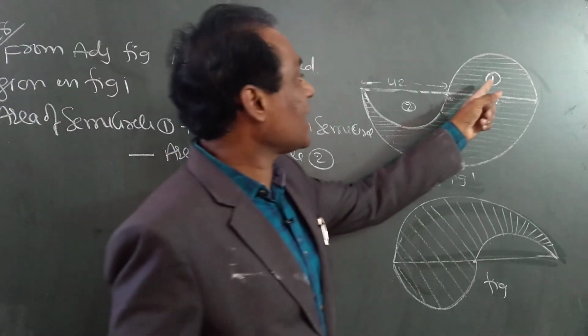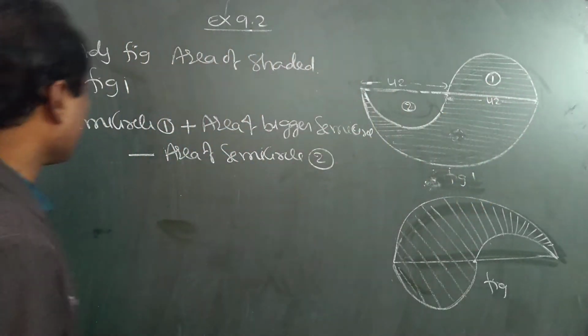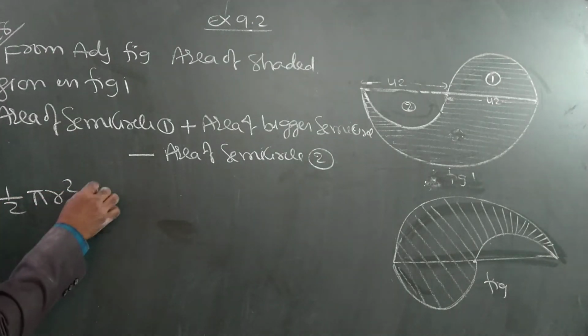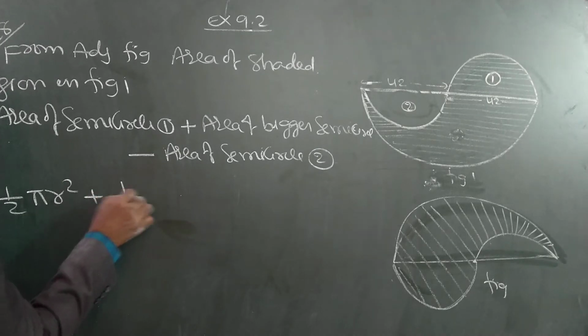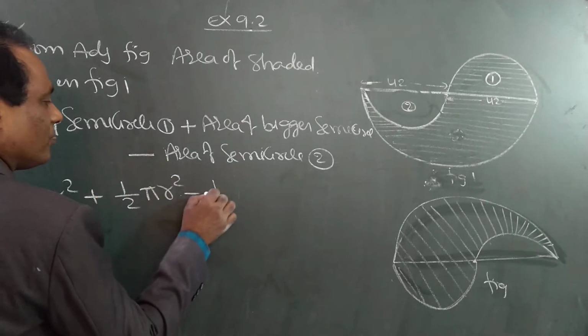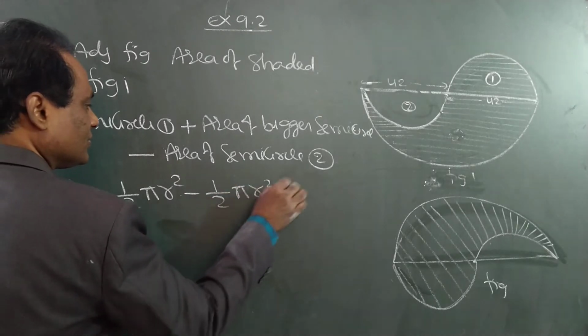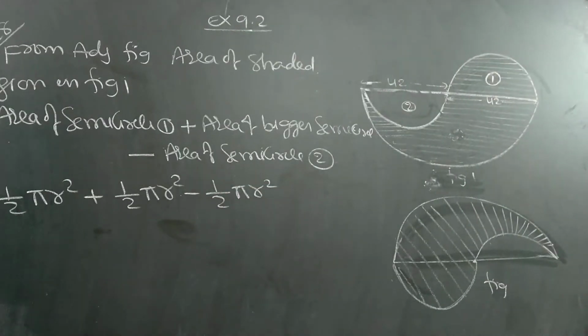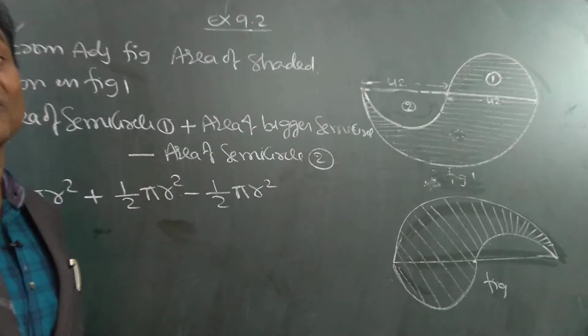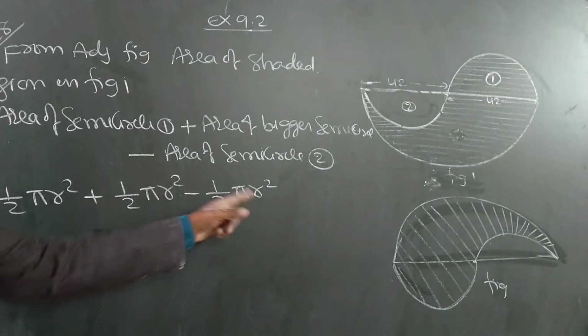What is the area of a semicircle? Any semicircle formula is half pi r square. This is also half pi r square. This is also half pi r square. But the r are different.